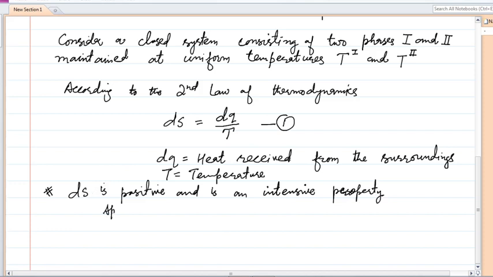So applying equation 1 to the two phases we have considered, phase 1 and phase 2, we will apply this equation 1 separately to each phase.